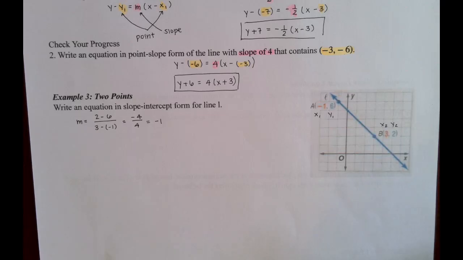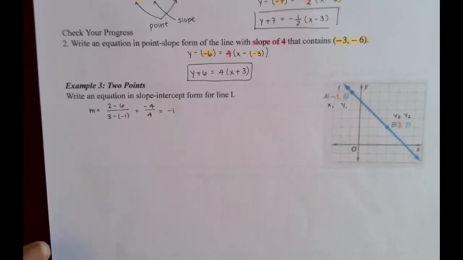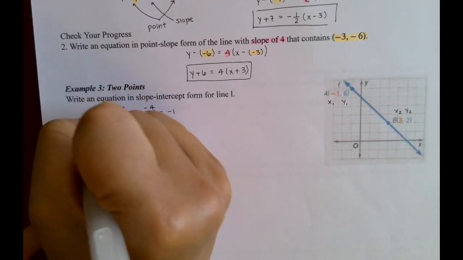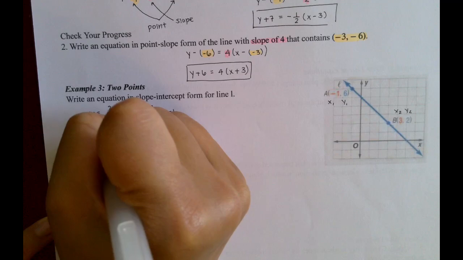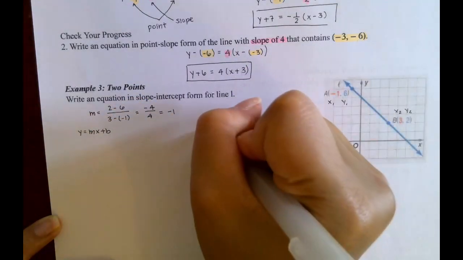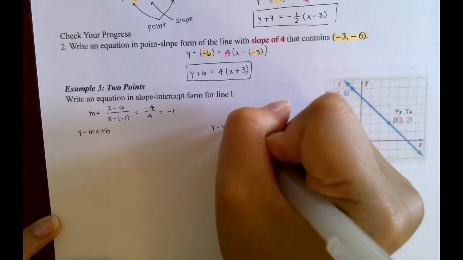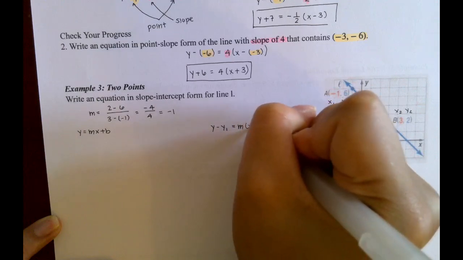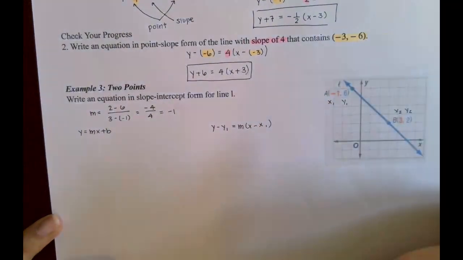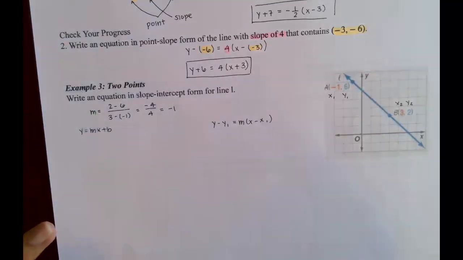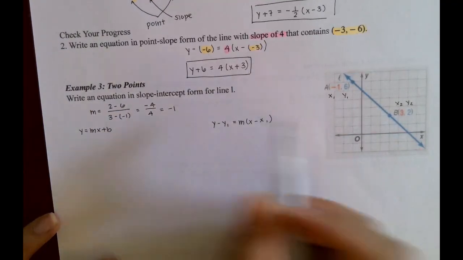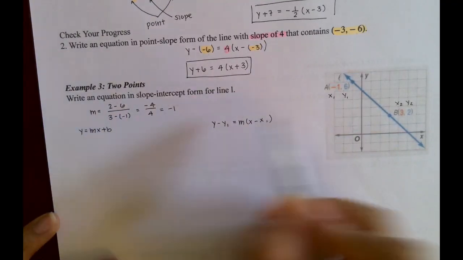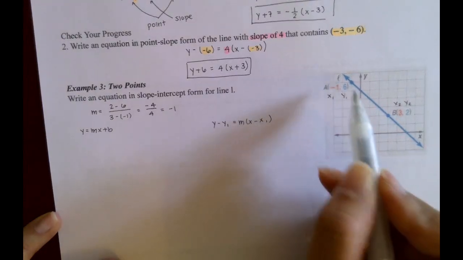Okay? Then what you can do is you can plug it in to slope-intercept form to find b, or you can use point slope form and then change it the other way. Okay, so I'm going to show you several different ways. So the first thing, you can try using slope-intercept form. You can use one of your points like -1, 6.